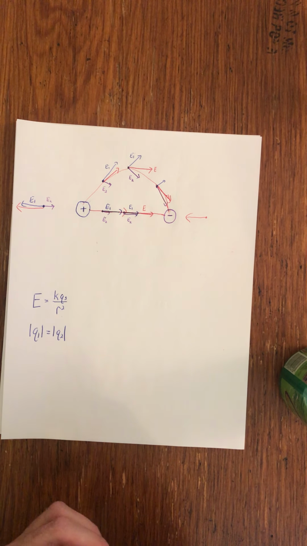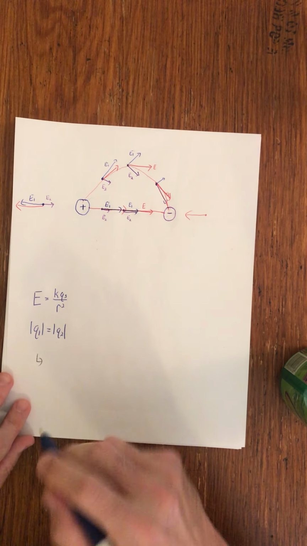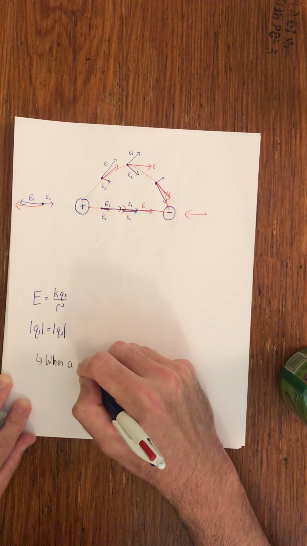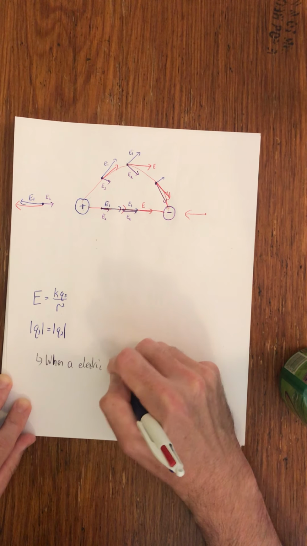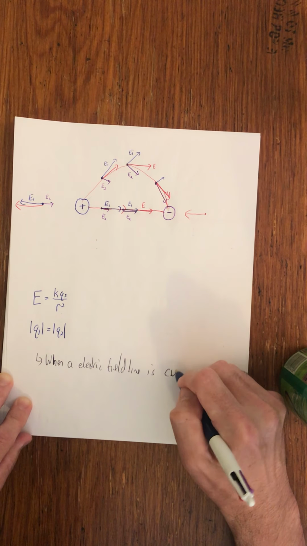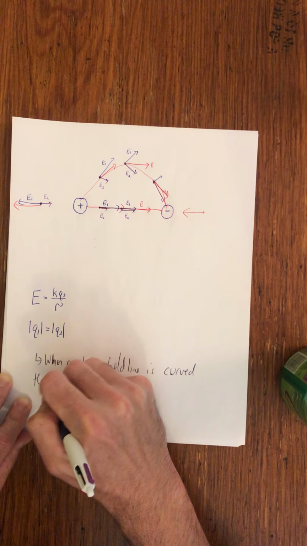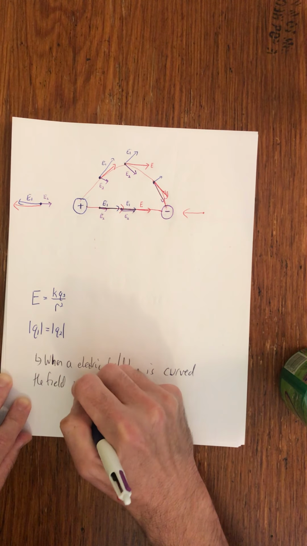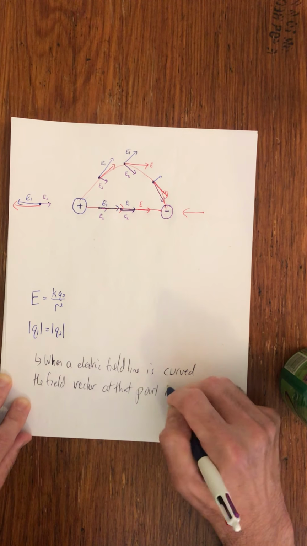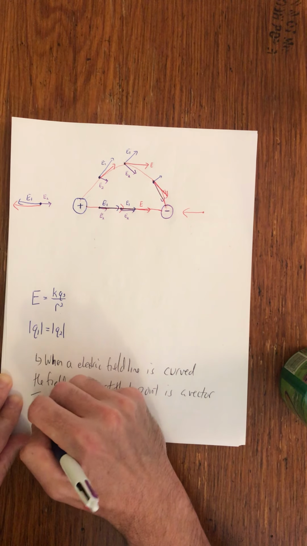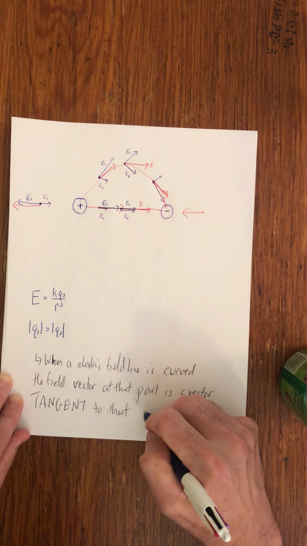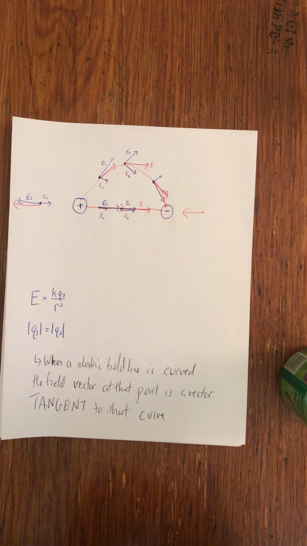Hopefully what you said, and it's going to be another fact for our electric field lines, is that when an electric field line is curved, the field vector at that point is a vector tangent to that curve. Okay? So there we go.